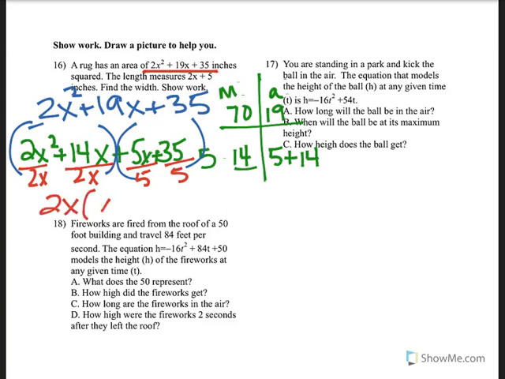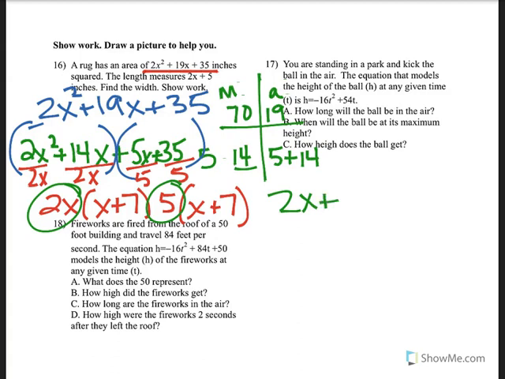So 2x, then I have x plus 7. And then 5 goes on the outside, and then I have x plus 7. So my two factors for this will be the outside, which is 2x plus 5, and then my insides that match, which is x plus 7.